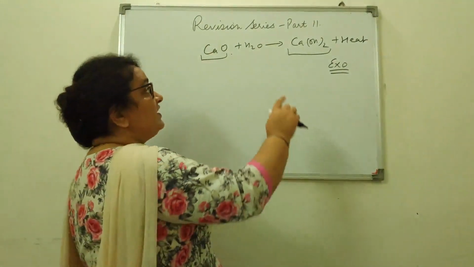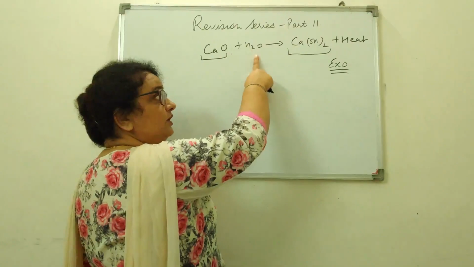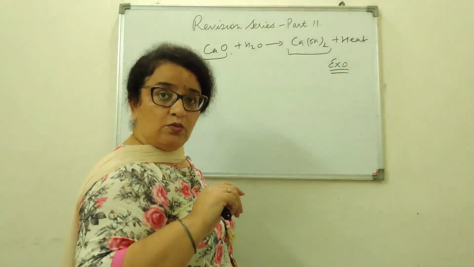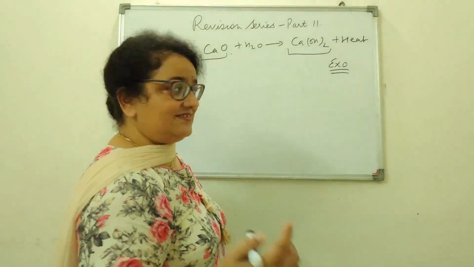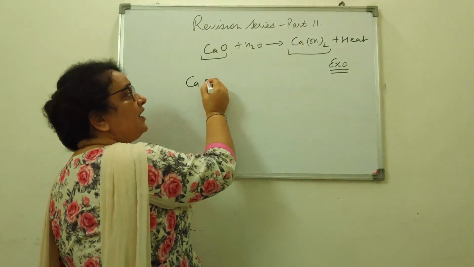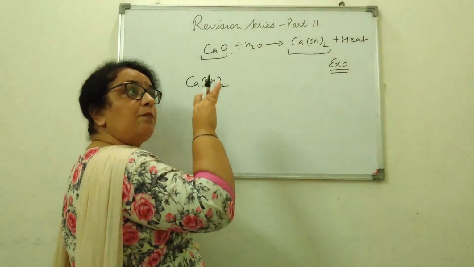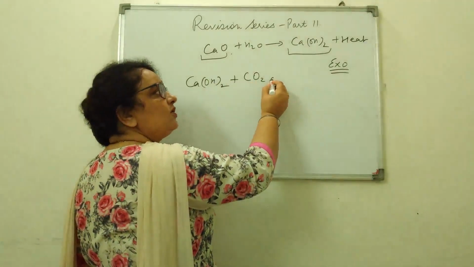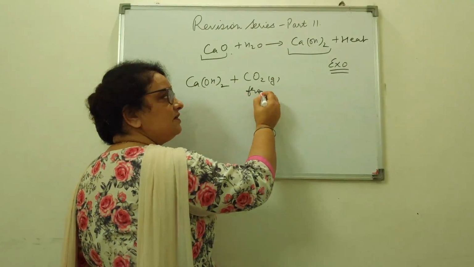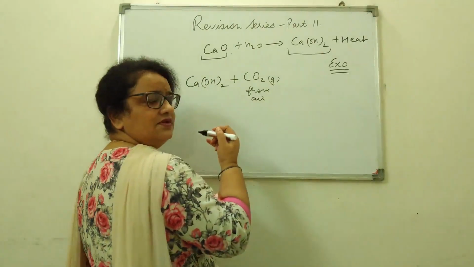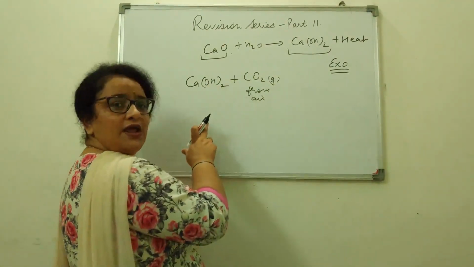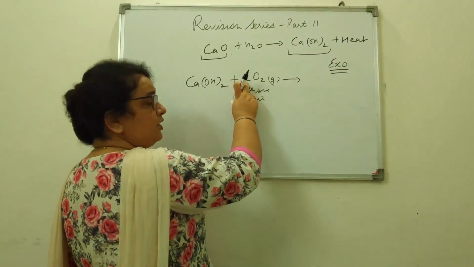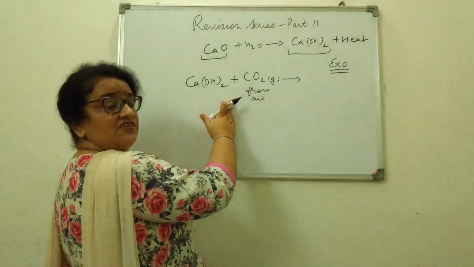So we are dissolving this in water and applying this, that is calcium hydroxide, on the walls. But what happens next? This calcium hydroxide, when applied on the wall, reacts with carbon dioxide present in the air, right? That's a very beautiful reaction. It's a precipitation reaction.